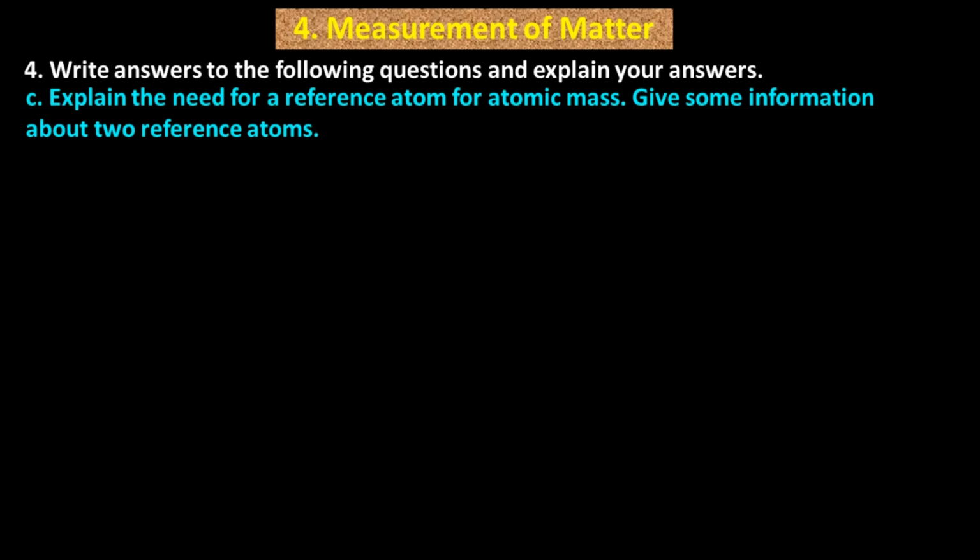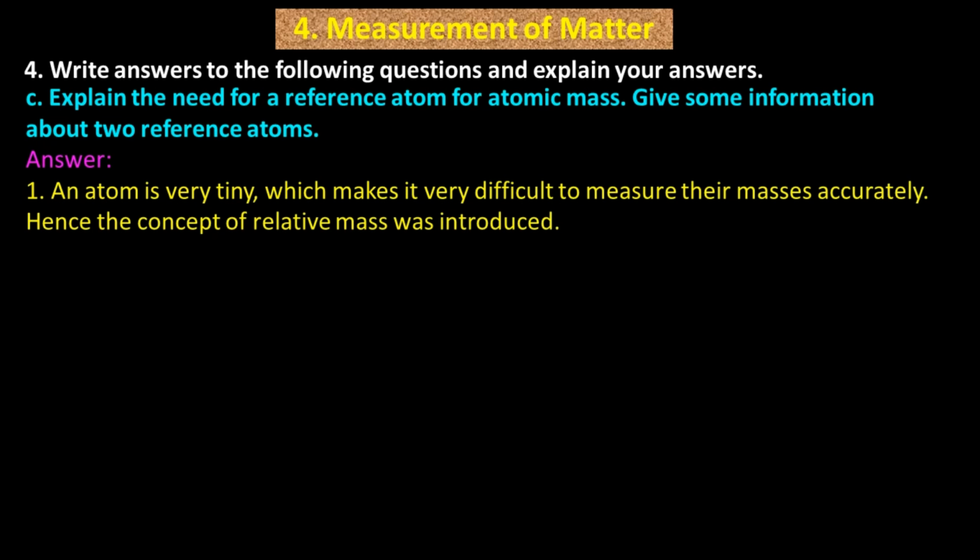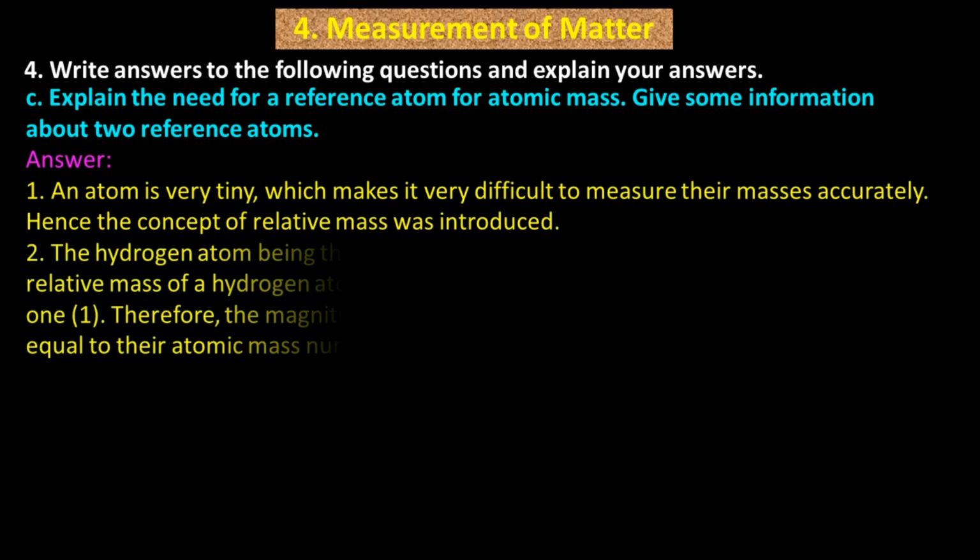C. Explain the need for a reference atom for atomic mass. Give some information about two reference atoms. Answer. 1. An atom is very tiny, which makes it very difficult to measure their masses accurately. Hence, the concept of relative mass was introduced. 2.